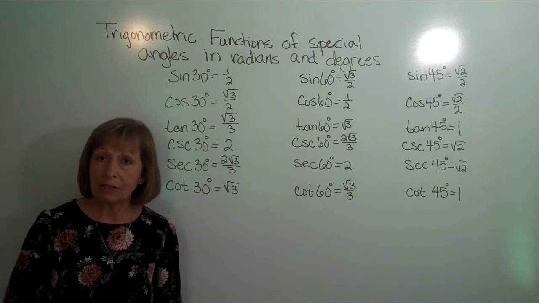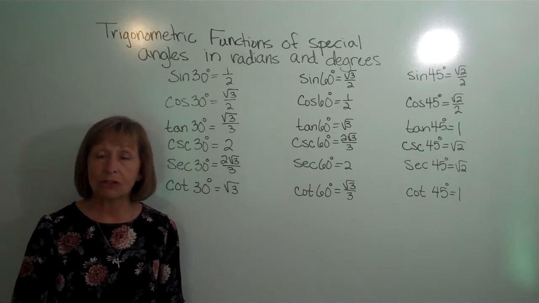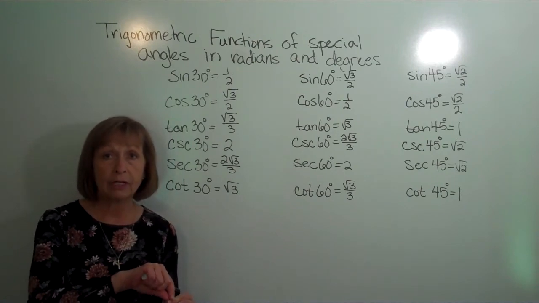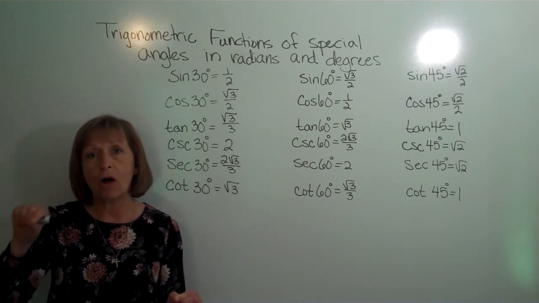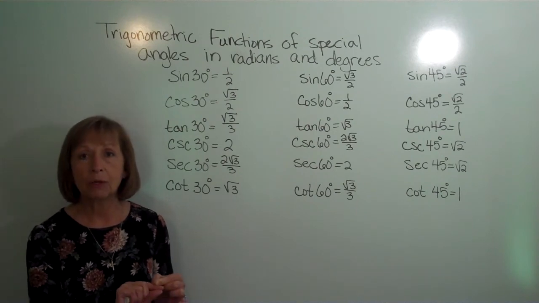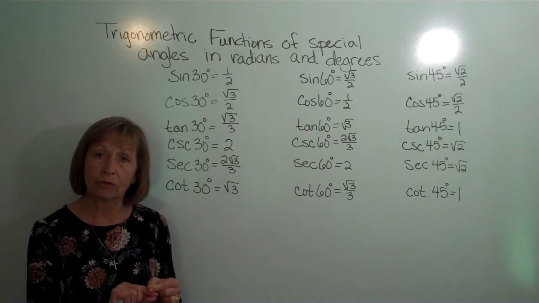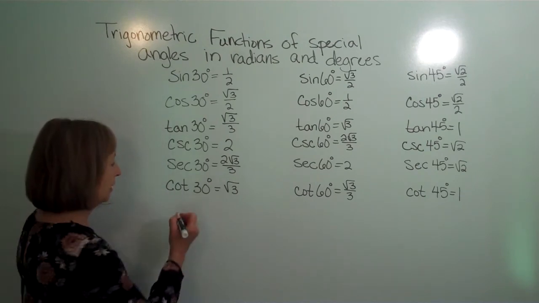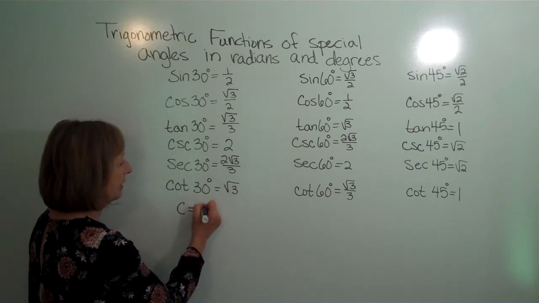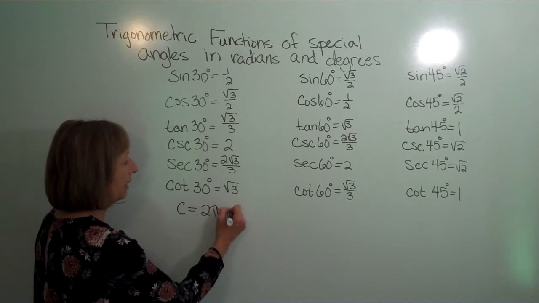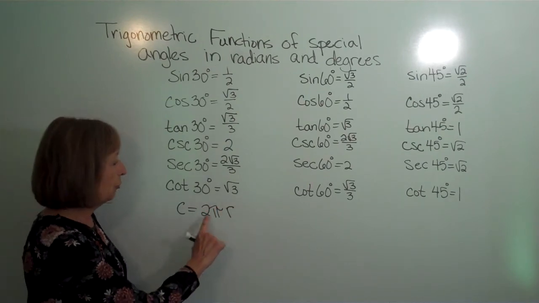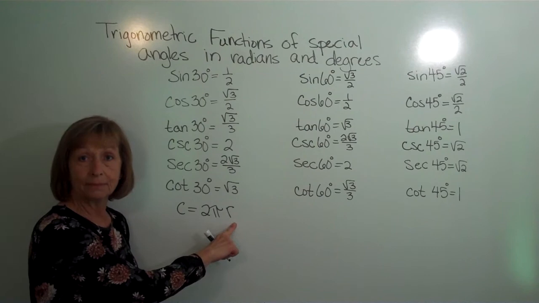Now, the other thing that we saw from geometry is that the circumference of the circle, so starting at the beginning and then going all the way around and coming back to where we started, that outside distance around a circle has the formula that the circumference is equal to 2 pi r, 2 pi times the radius.